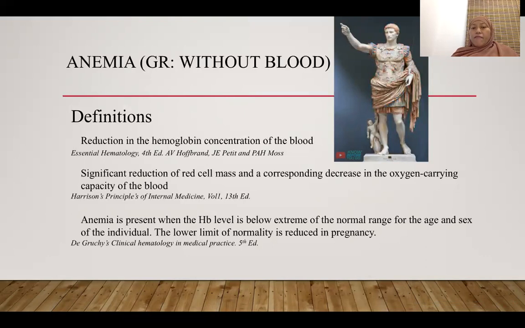But my favorite is actually Grucci's Clinical Hematology in Medical Practice, where it is further expanded into the philosophy of anemia and its dynamics, whereby it is defined when the hemoglobin level is below the extreme of normal range for the age and sex of the individual, and at some point through the population. And the lower limit of normality is acceptable to be reduced in pregnancy.